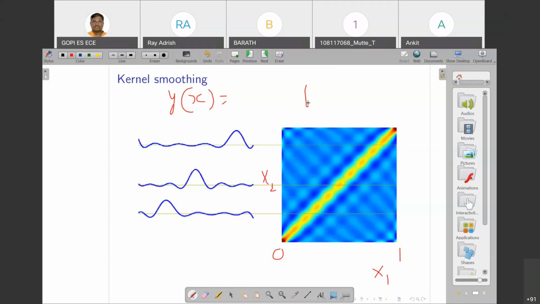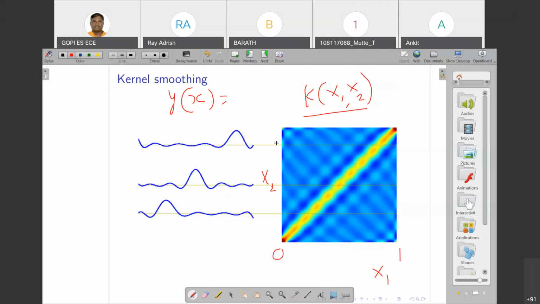What you see, this color shade, is the magnitude of this kernel function, k of x1 comma x2. You have a higher value on the diagonal, and the off-diagonal elements are going to be very small.